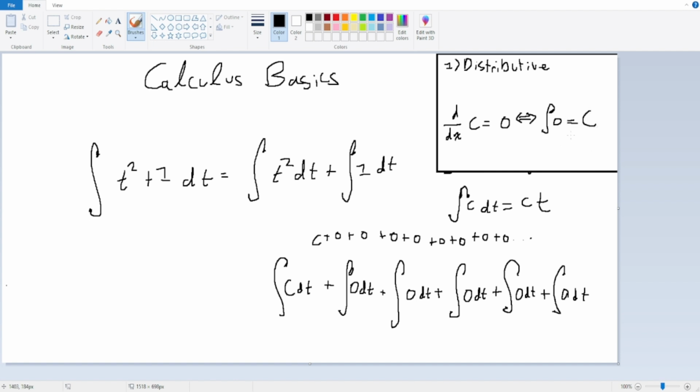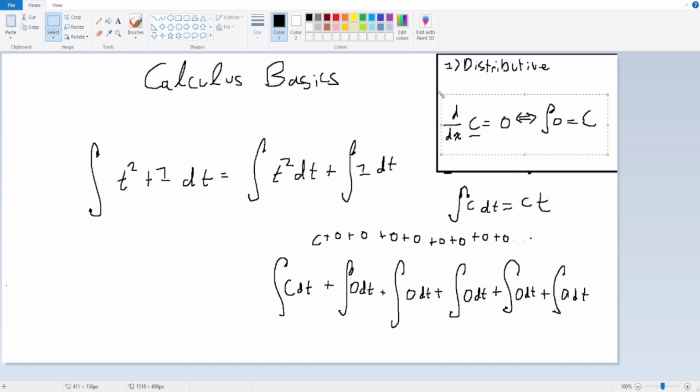We have to do an integral. Because remember how I said that if you do a derivative on a function and then do the integral, you get your original function back? So say your original function is c. Then you do the derivative on c and you get 0. So in order to get c back, you have to do an integral, since that's the inverse of derivative. So you do an integral on 0 and you get your original c back. And so what c is, is any constant.